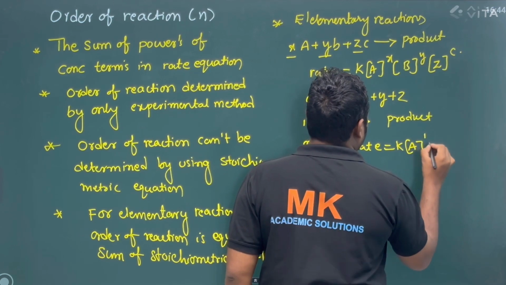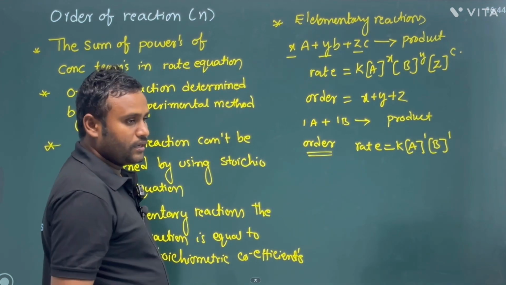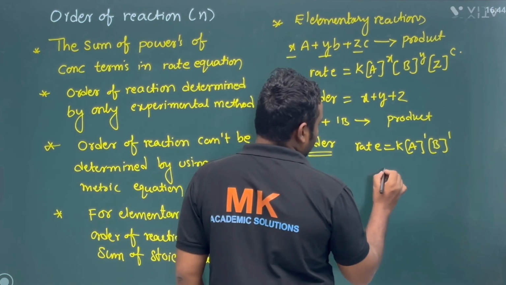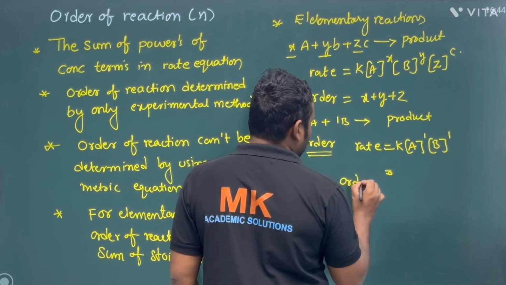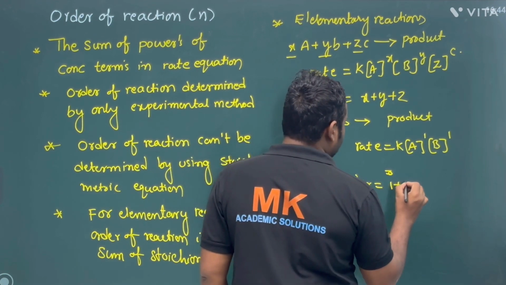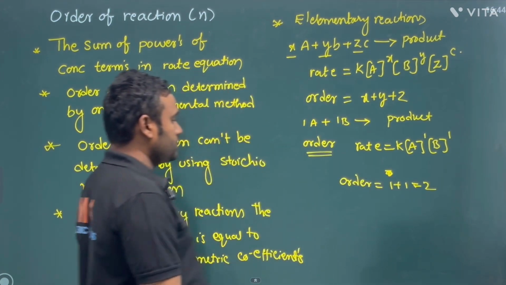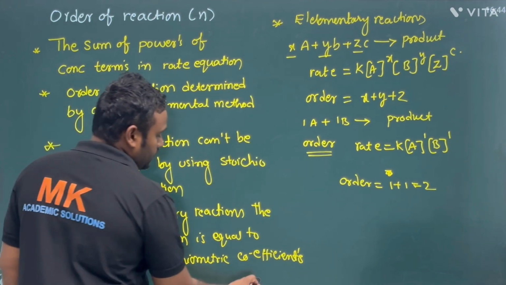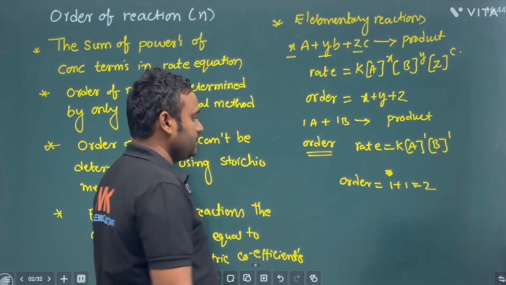Rate is equal to k into A power 1, B power 1. Therefore, order is equal to 1 plus 1, that is equal to 2. So for elementary reactions we can write like this.